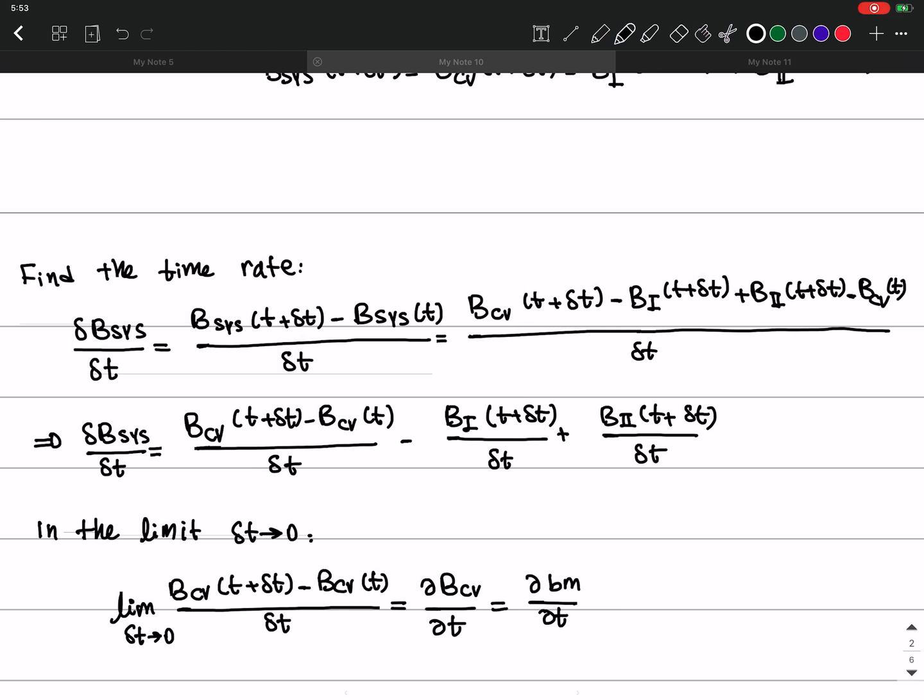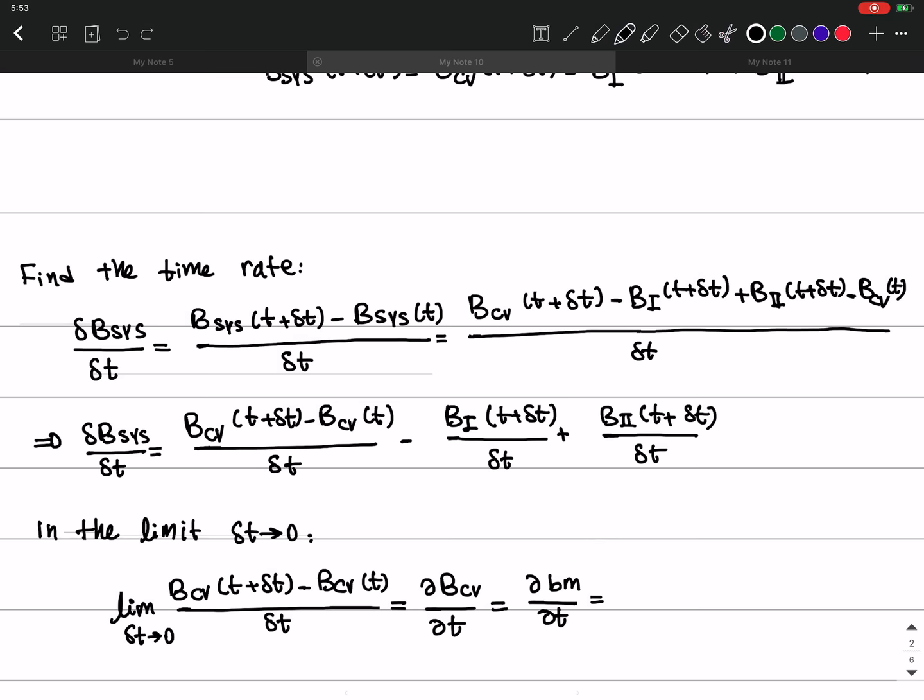And instead of m, I want to write rho delta V, rho V, which is density times volume.